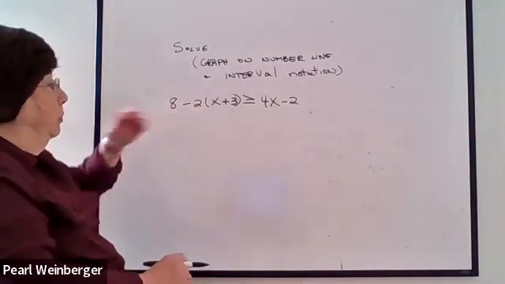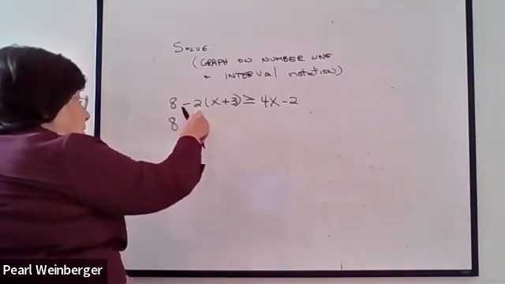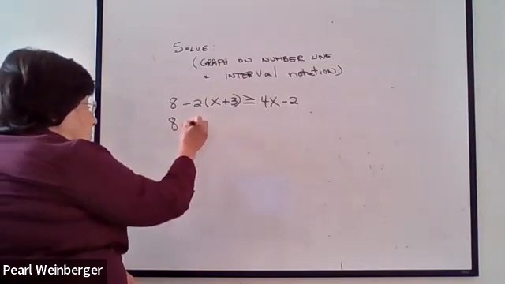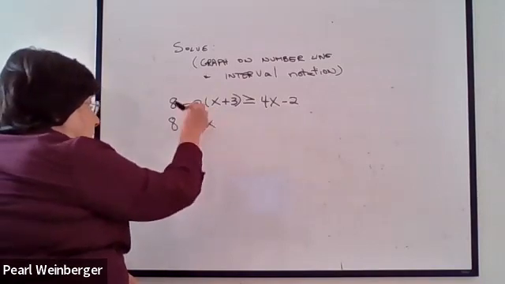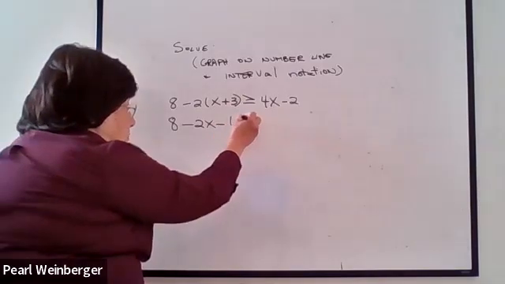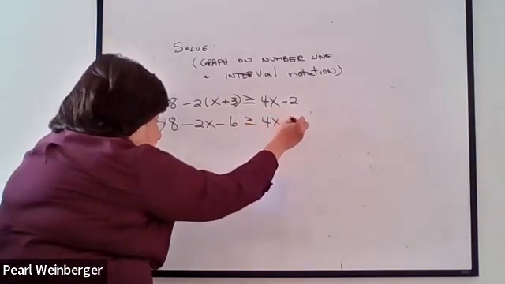We're going to remove the parentheses. So I'll bring down the 8. I'll distribute this -2. So -2 times 2x is -2x. Don't forget, you have to do the -2 times the 3. That's going to give you -6. Is greater than or equal to 4x minus 2.